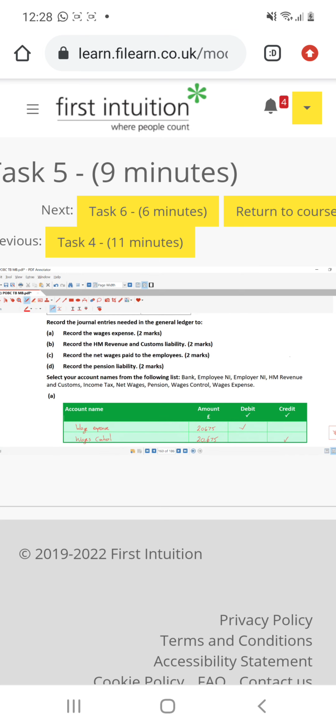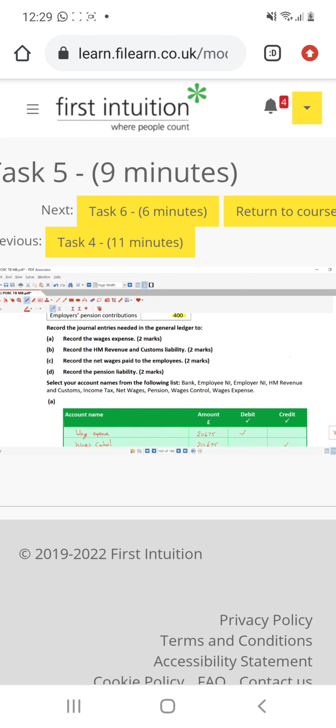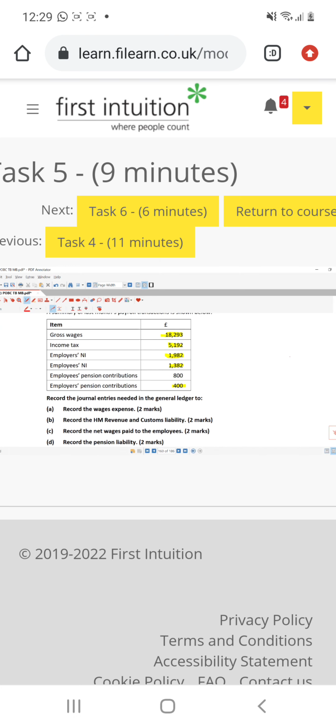For part C, they have said record the net wages to be paid to the employee. With this one, we will start with the gross wages, but we must think about what deductions the employee themselves is making in order to come to their net wages.